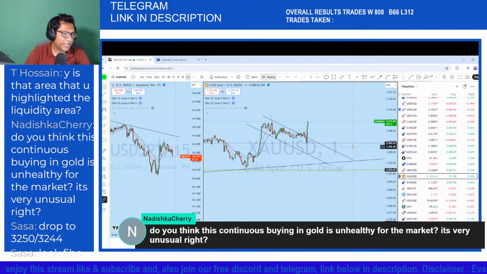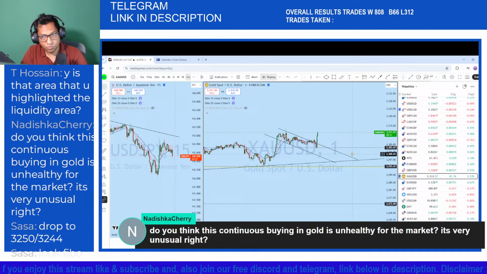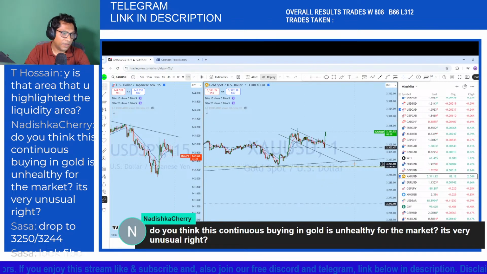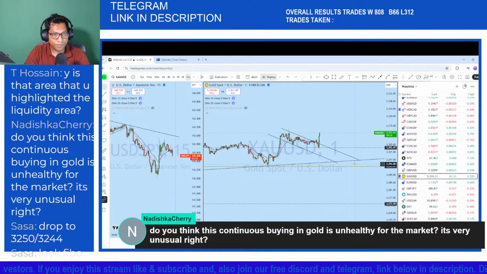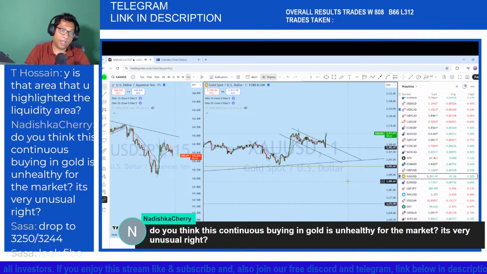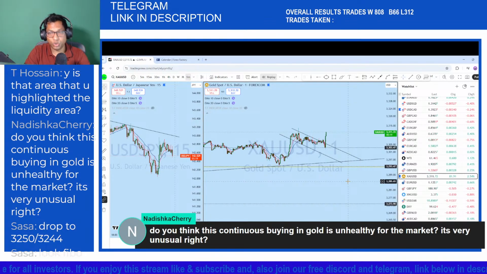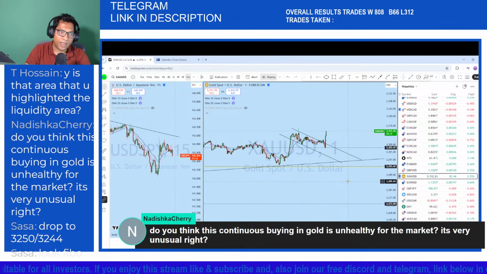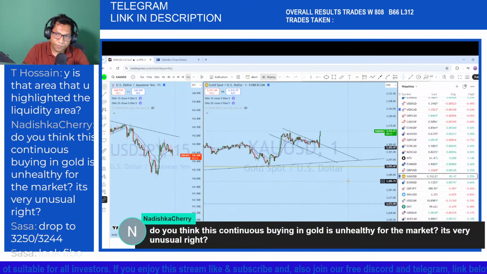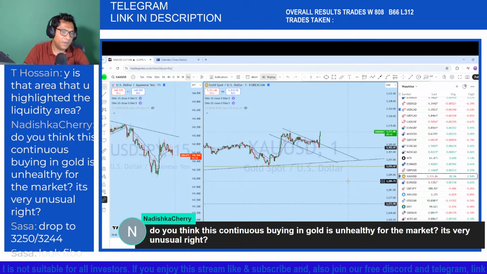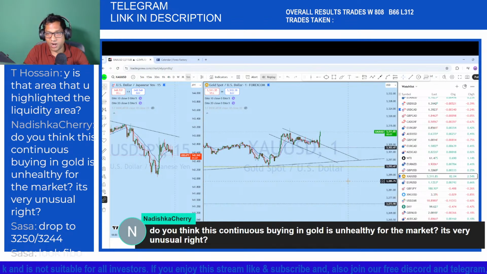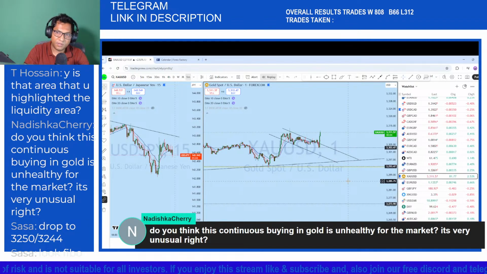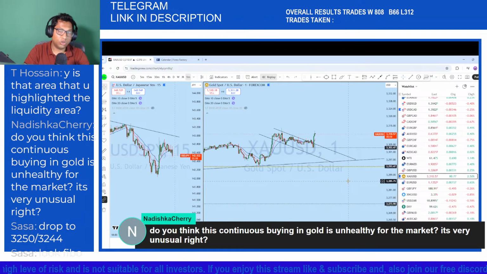In that case, at the moment, in my opinion, this instrument, which is gold spot against the US dollar, is currently over its true intrinsic value, which is a potential bubble. Because it's above the true intrinsic value, some sentiment is working for this market to rise, as we discussed, along with the uncertainty and many other economic and political factors.